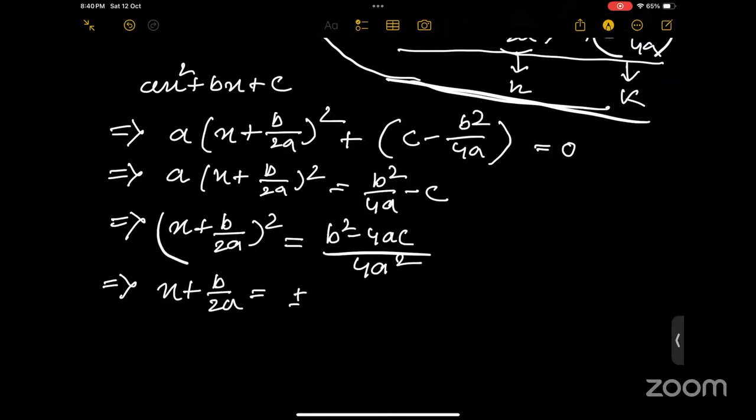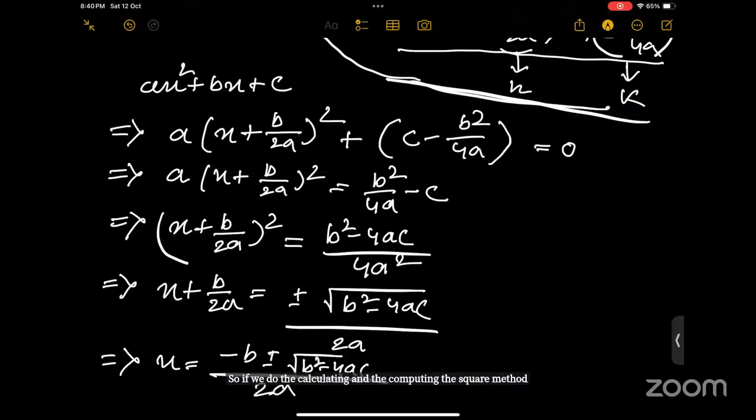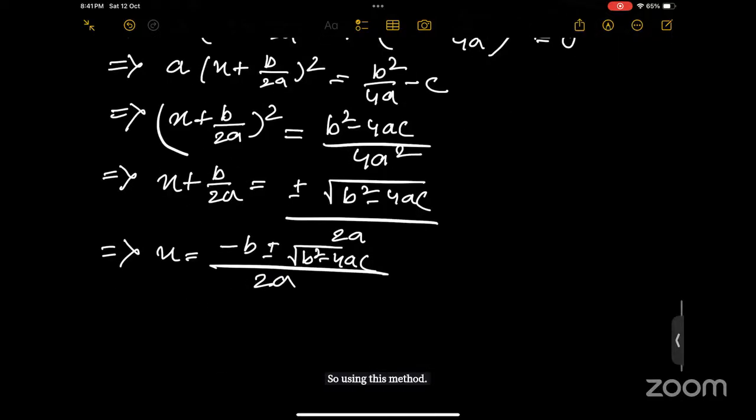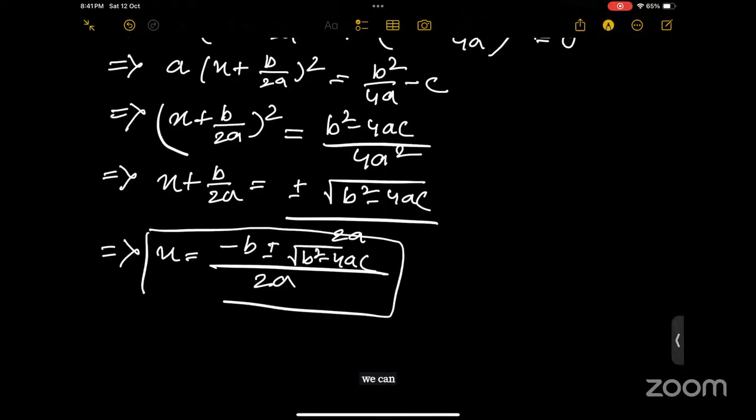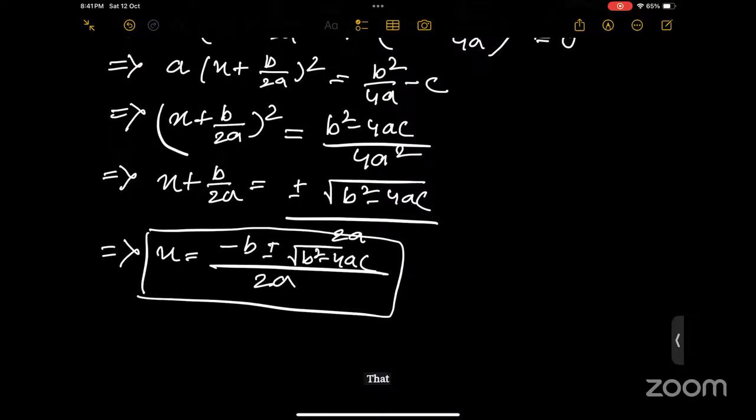These are the easy step calculations. Using the completing the square method, we can get x equals this. That means this is the general form of the root of such an equation, right? That we already know.